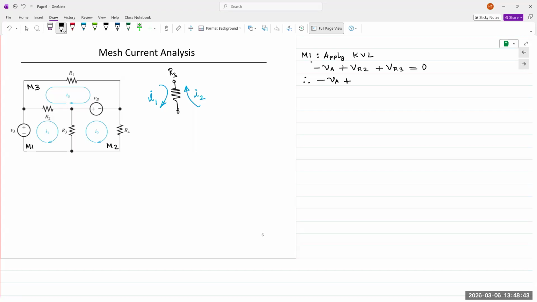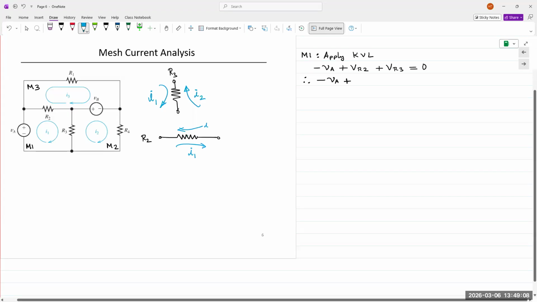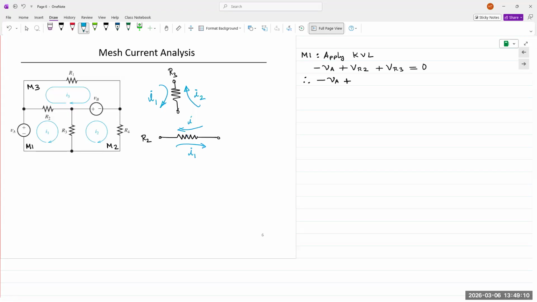So that's R3, and this is R2. In R2, you have I1 going in this direction, and you have I3 going in this direction. So now if there are two currents in that resistor, that means there are two hypothetical voltage drops.